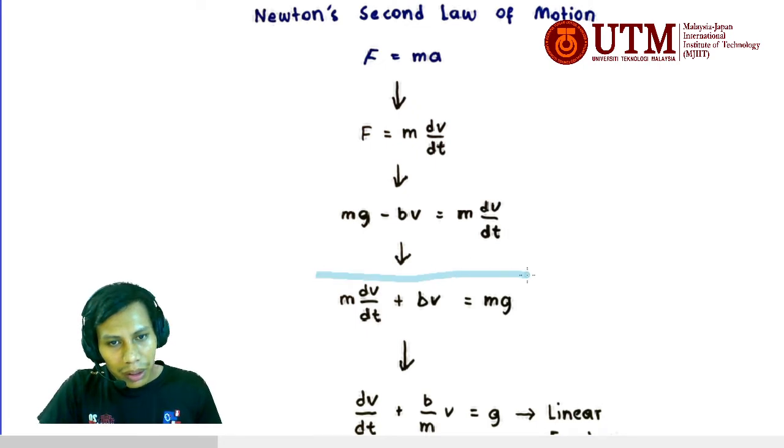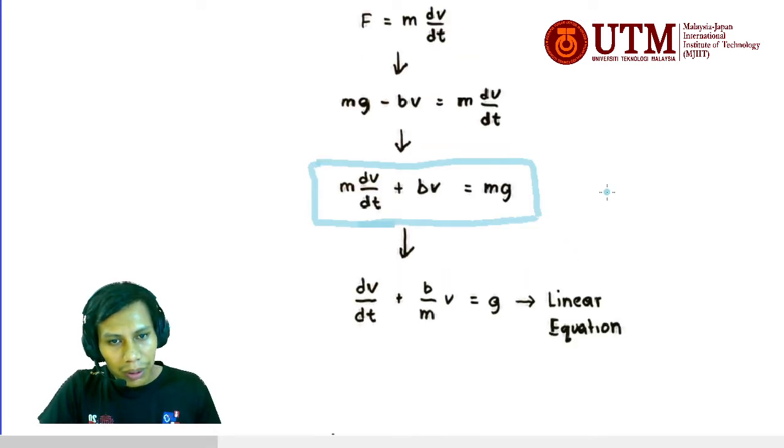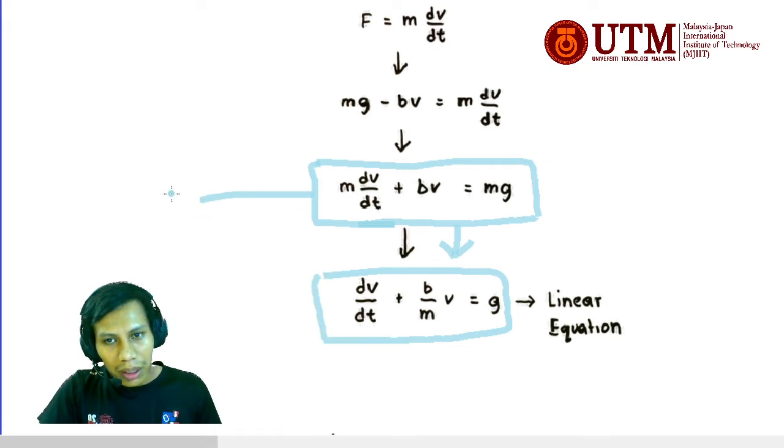The form of this equation, we know it is a linear first order differential equation. So first we need to convert it to the standard form of linear equation, which is here. To get here, we need to divide by m.